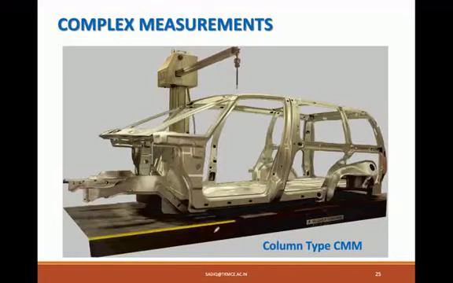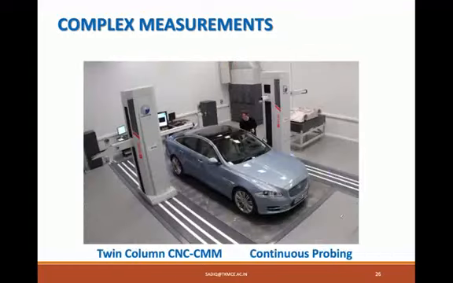A column type CMM is now used in this diagram to check the dimensions of an assembled cabin of some automobile vehicle. There is a twin column automated CMM that is checking the dimensions of an assembled car before delivery.